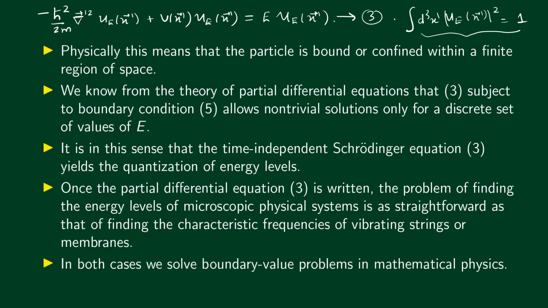Now from the theory of partial differential equations, it's known that this equation, subject to the boundary condition we discussed, allows non-trivial solutions only for a discrete set of values of E. If we solve this partial differential equation with the boundary condition that u_E of x vector prime has to go to 0 at infinite distances, the equation is going to be satisfied only for certain values of E. It is not going to be satisfied for any value of E. It is satisfied only for certain discrete values of E if we impose the boundary condition.